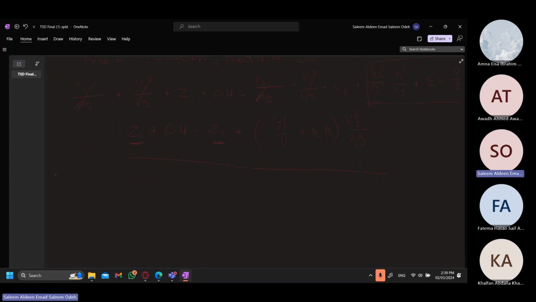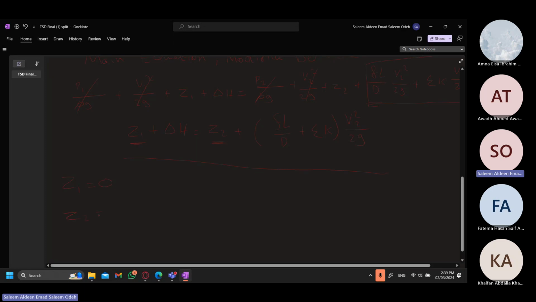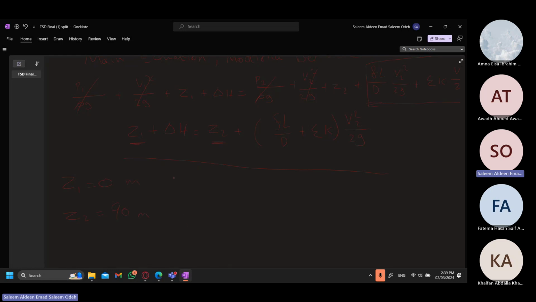So we'll write it as Z1 equals 0 and Z2 equals 90 meters. So we're taking the pump location as the starting point.